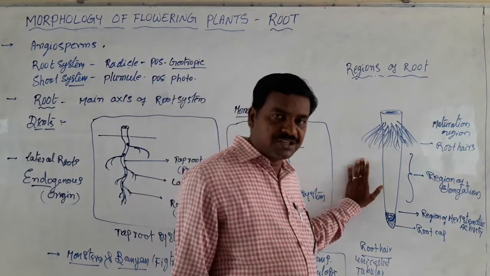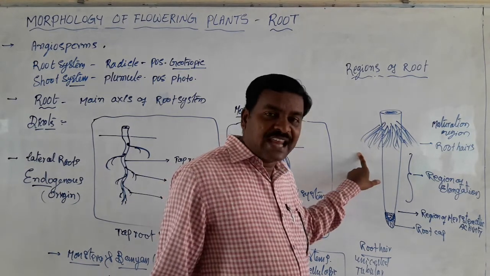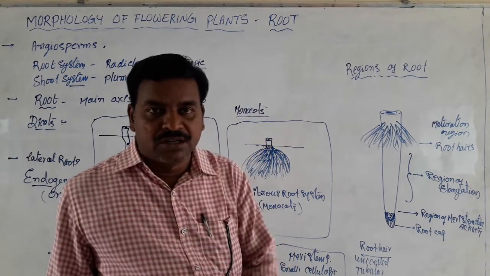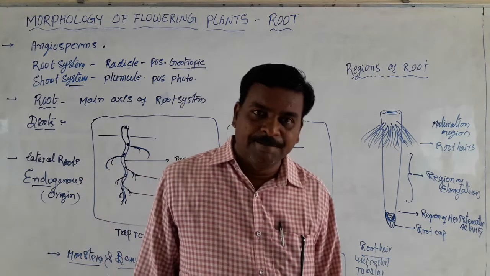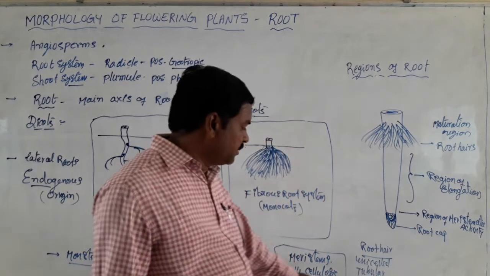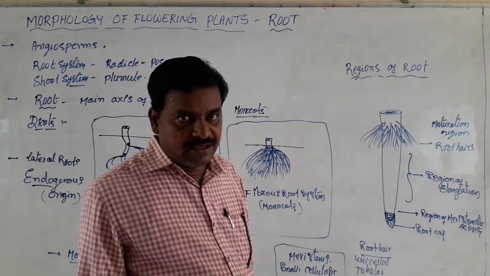Because of the number of root hairs, this maturation region is also called the root hair zone. Why is this called the root hair zone? Root hairs are present in this zone, and all these are unicellular, tubular, exogenous lateral appendages.